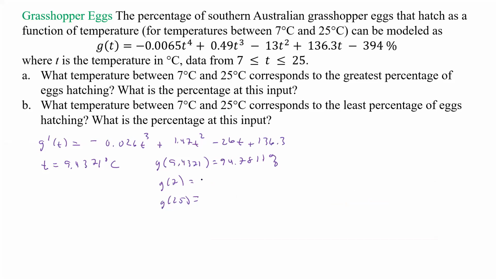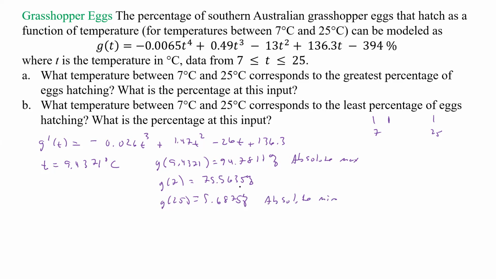Okay, so now let's write those down. For 7, it said 75.5635%, and this one was 5.6875%. All right, so now we have all of the numbers we can get. We had this one, which is the only one that came up between the 7 and the 25. That was the only other point that had an extreme point. And so looking at this, that is going to be our absolute max, and then this one is going to be our absolute min, okay?